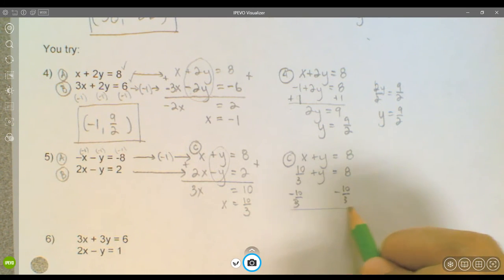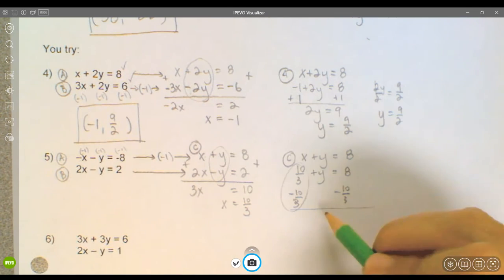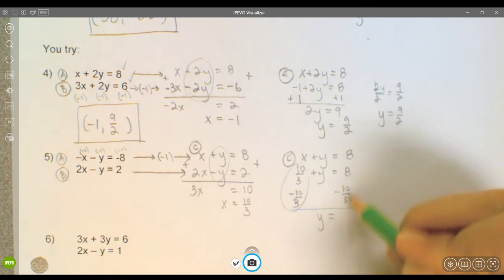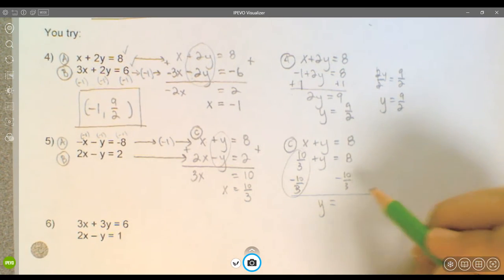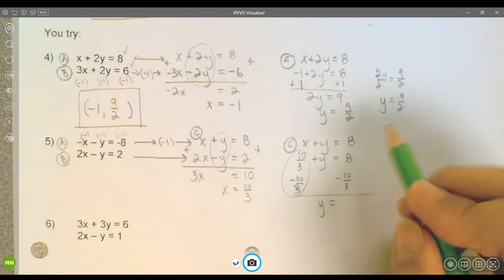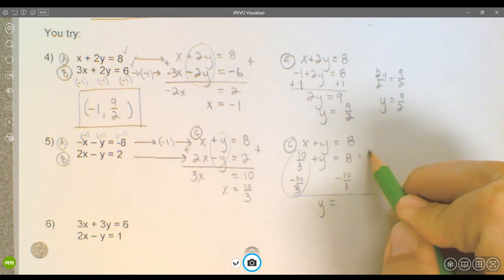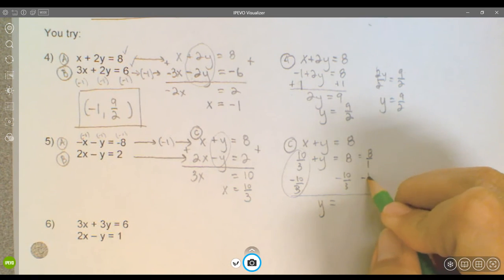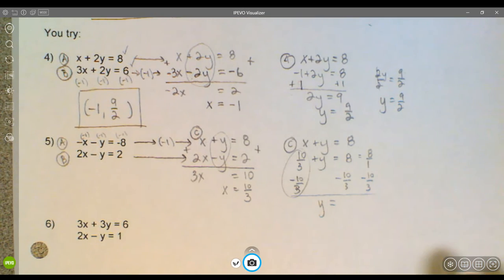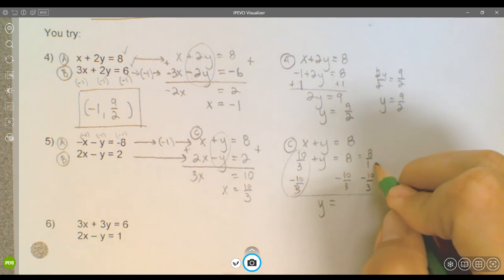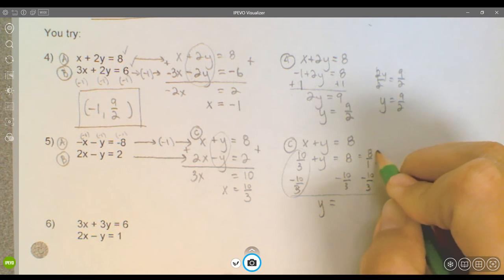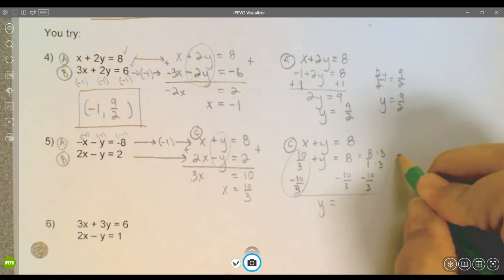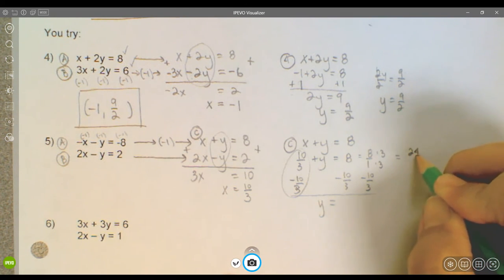And watch me, y'all, I'm going back to 5th grade. I'm going to go back to 5th grade right here, or 4th grade. 8 is really 8/1 if I were to write it as a fraction. I'm going to leave this as negative 10/3. In order to subtract fractions, you need a common denominator. So if I multiply the denominator times 3, I multiply the numerator times 3.